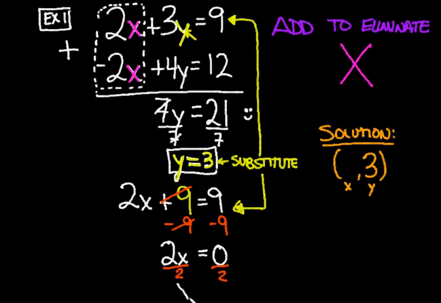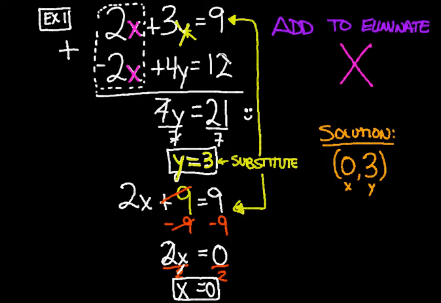We get x equals 0. Here we got x equals 0. That is the x part of our solution. So way over here on the right, our solution, we know x is 0. And this is the solution that solves this system.